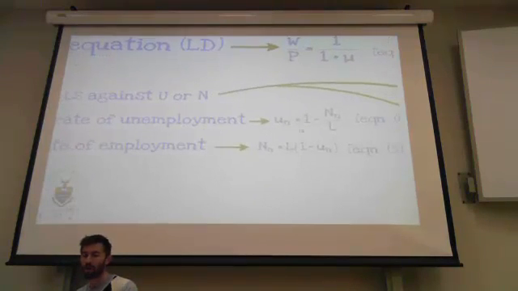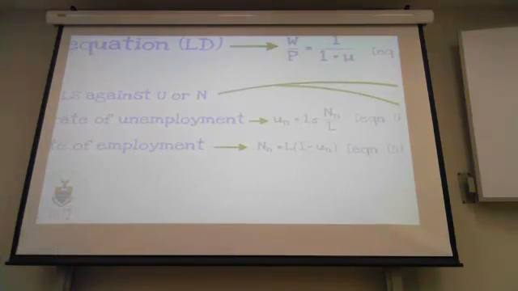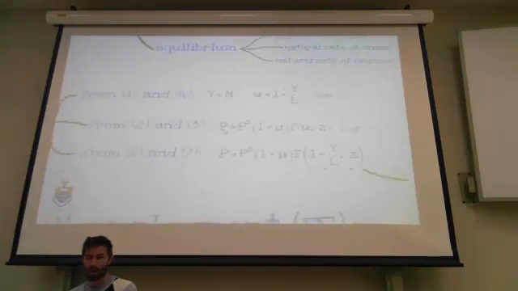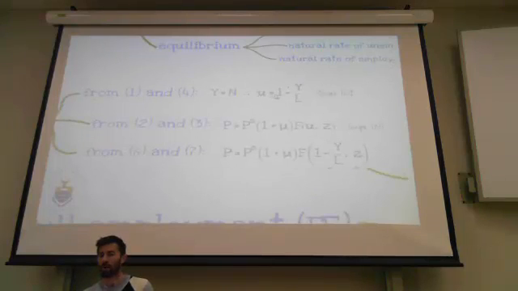The unemployment rate is simply the total labor force minus the number of people employed, right? So if the number of people employed is equal to y, then combining equations 4 and 1, we get that the unemployment rate is equal to 1 minus the number of people employed divided by L, and the number employed is represented by y, so it's just y over L. Okay? You got that?